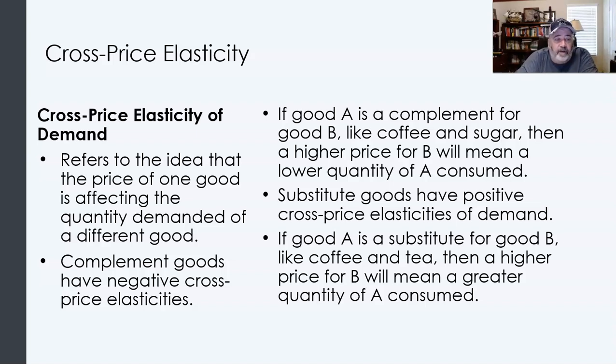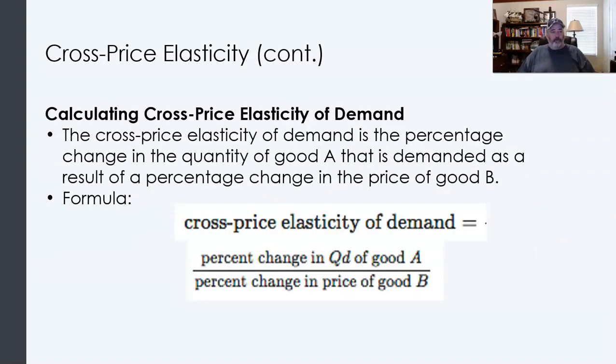If good A is a complement for good B, then as the price of B rises, demand for A is going to fall. If goods A and B are substitutes, then a higher price for B will mean a greater demand for A. Okay? So keep that in mind.